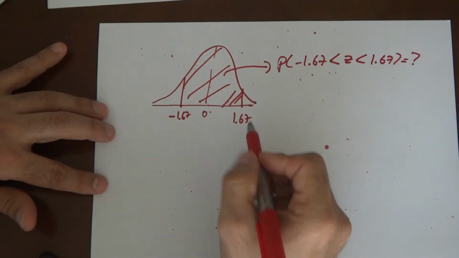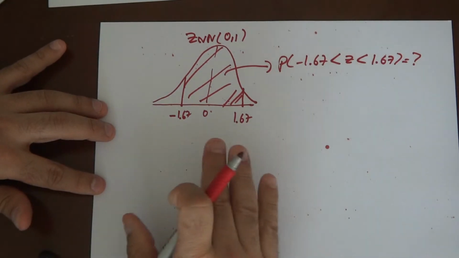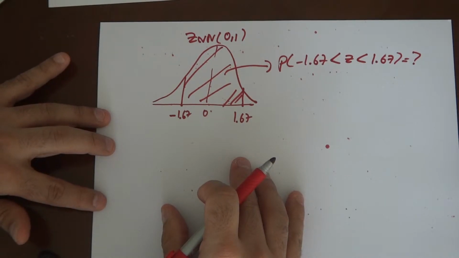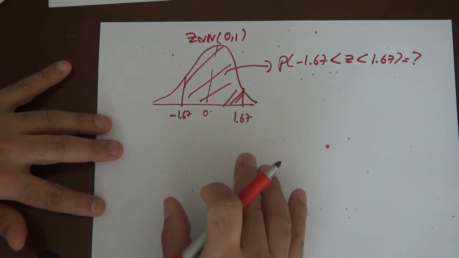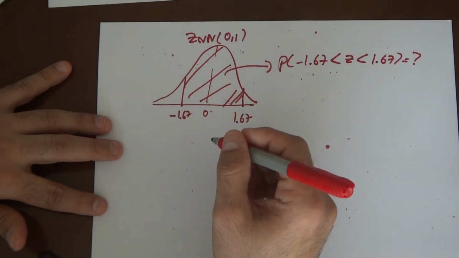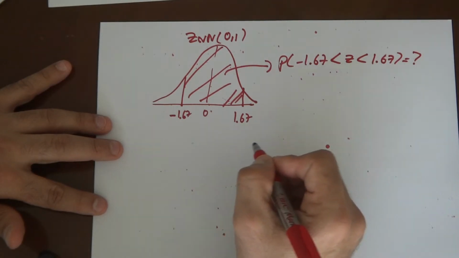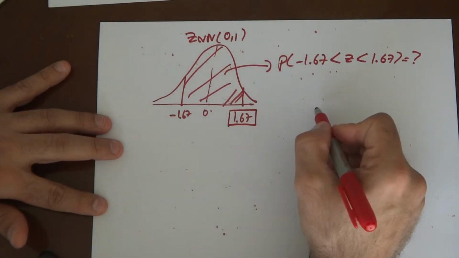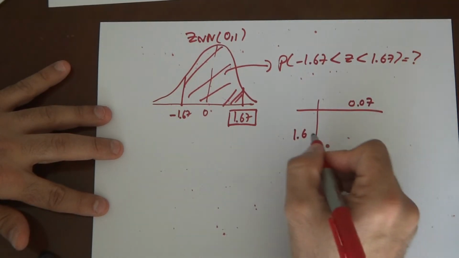Now this is the normal distribution 0 and 1. The rest of the question is like playing with the geometry. Why? Because the standard normal distribution table is designed for special numbers, and this table gives me the lower tail probability. For example, if I look up 1.67, you find 1.6 from the left side and 0.07 from the top part.